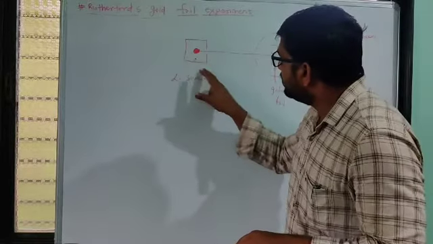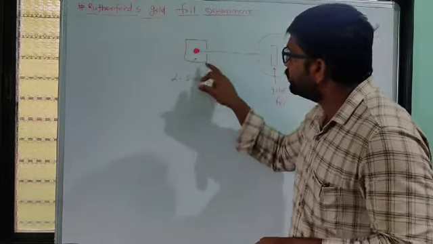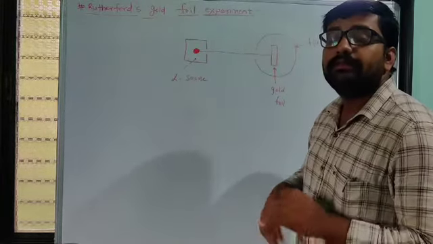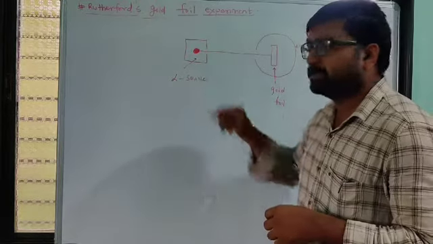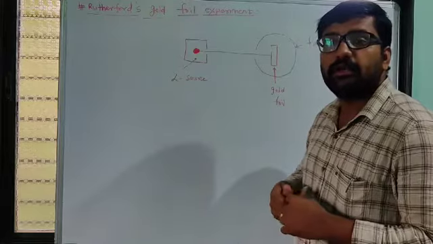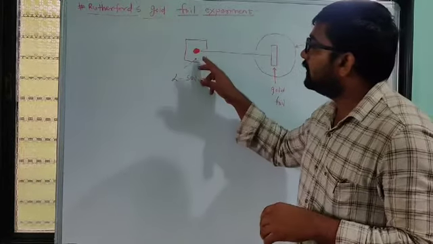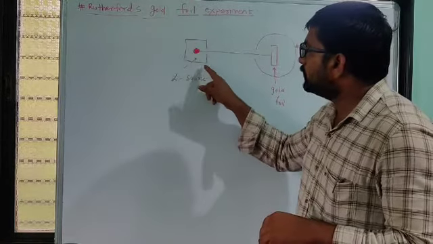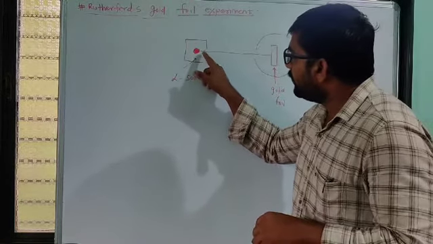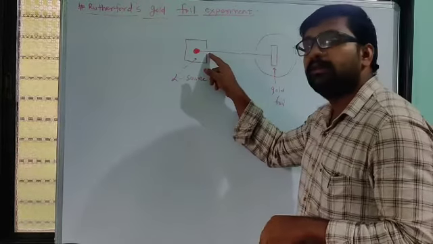We place this alpha source in this substance holder, because these radiations are continuously emitted by this substance. It is actually a radioactive substance, so alpha particles are continuously emitted from it. That is why we close all the other paths of the alpha particles, and they can go out only from this hole.